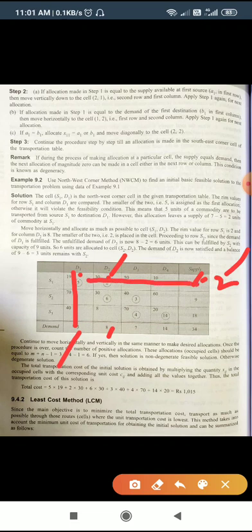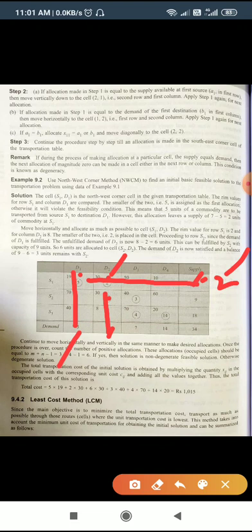Now in the remaining table, we see the northwest corner, and now we regenerate the matrix, demand and supply, and we give the maximum number of units. Now this column is satisfied.